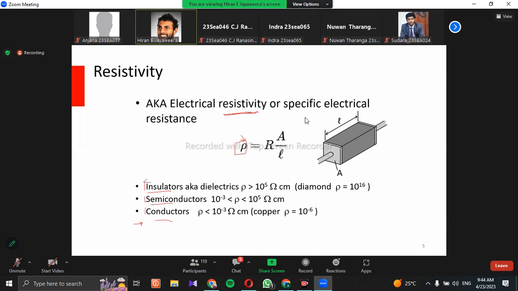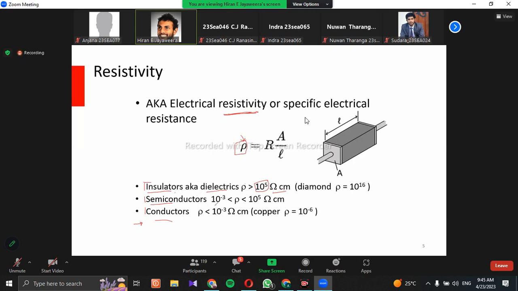Now insulators, where the resistivity is higher than 10 to the power 5 ohm centimeter. Those are the units. If the resistivity is higher than 10 to the power 5, we consider them as dielectrics. Dielectric is a different name for insulators.